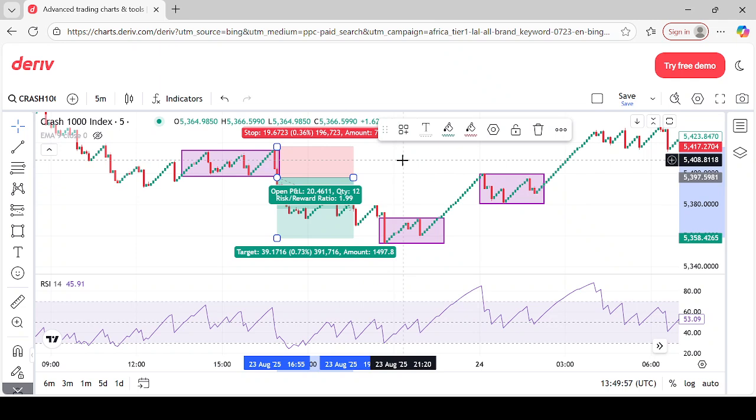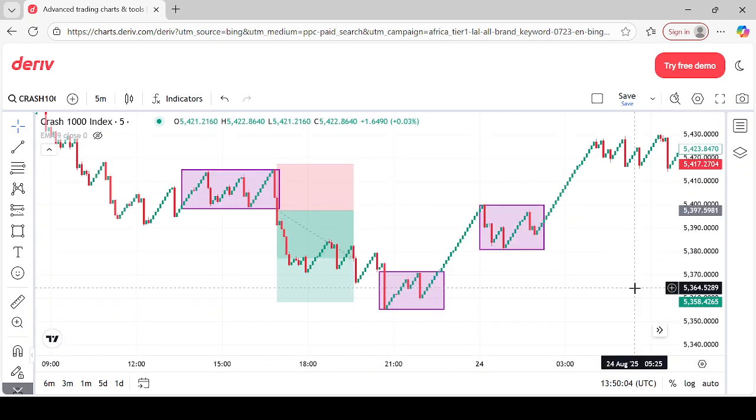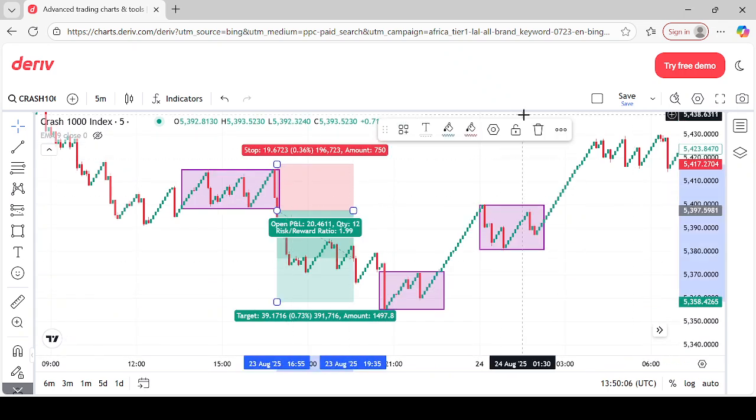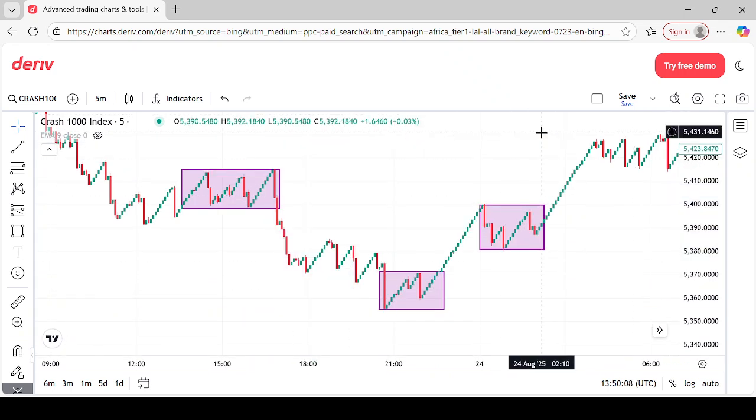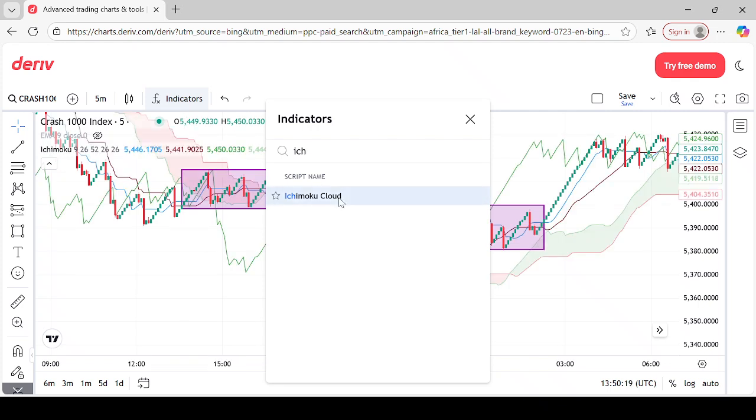your pair. The fifth step is by using an indicator known as Ichimoku cloud. You can actually use your Ichimoku cloud in this strategy. The Ichimoku cloud is a powerful tool for identifying potential boom and crash points.